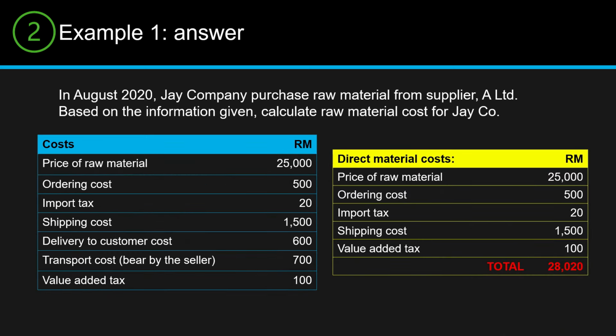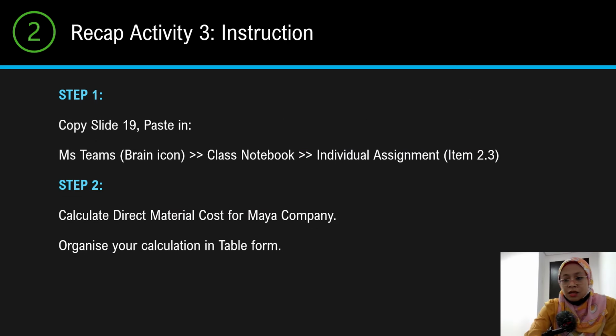As you can see here, in the example answer, we ignore the delivery to customer cost and the transport cost borne by the seller. So we add up all the total. The total direct material cost will be equal to 28,020.